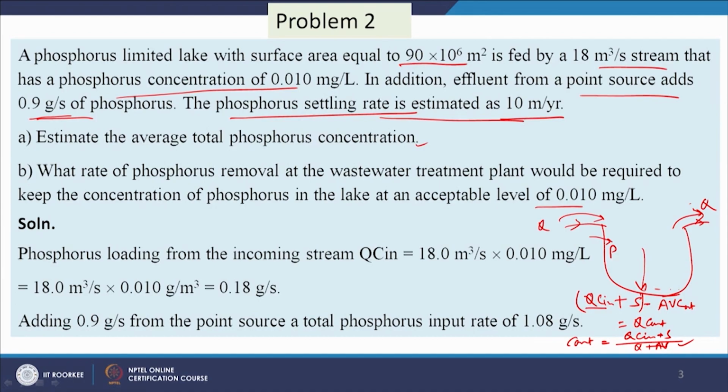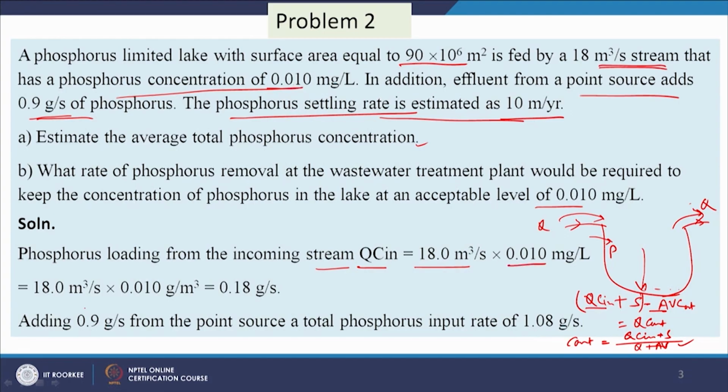Now, we have to get the value of A. So, let us see the phosphorus loading from the incoming stream, Q into C in. Q is 18.0 meter cube per second, as it is given, and the concentration of phosphorus is given here as 0.010.